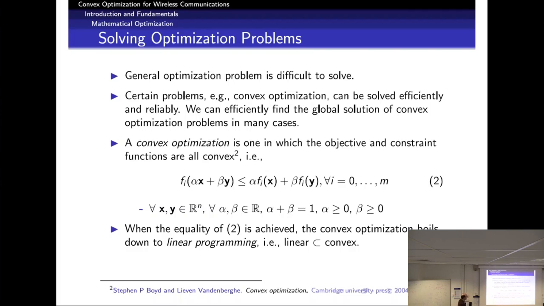So what is a convex optimization problem? It is a problem where the objective and the constraints are all convex. What it means to be convex is to have this kind of relationship.